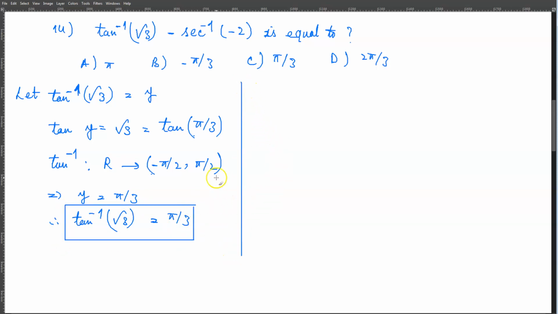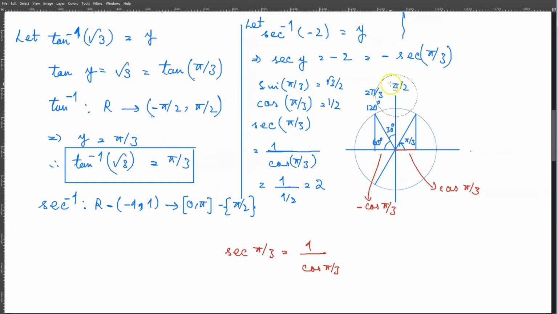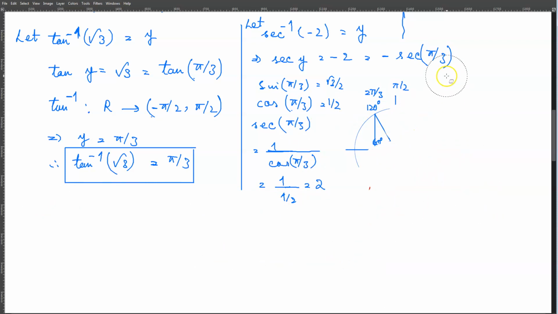The second part of this question, you want to calculate secant inverse of negative 2. Okay, so I did a couple of things, but then I got kind of entangled in my own logic, so I have to start over.